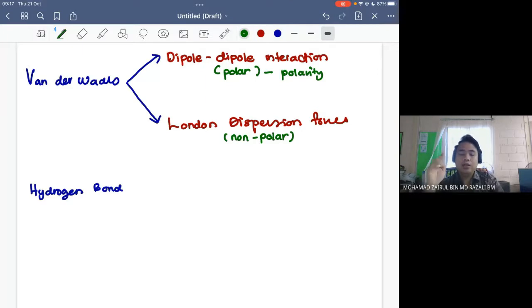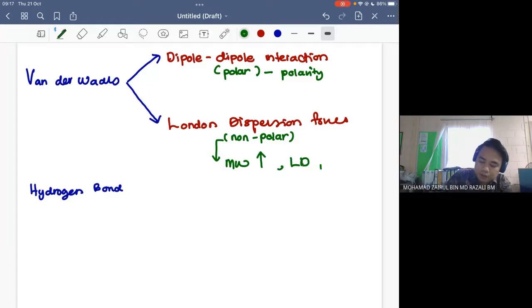Okay, for London dispersion forces, there are few factors that will affect. So one of the factors is the molecular weight. So when the molecular weight increases, the strength of London dispersion will also increase. Another one is the molecular size.